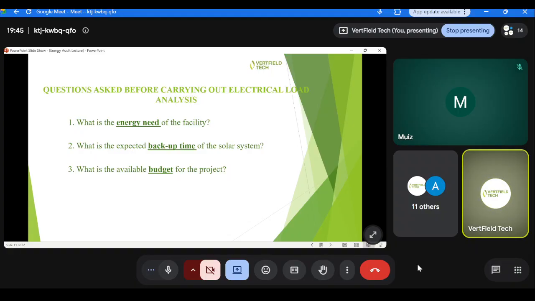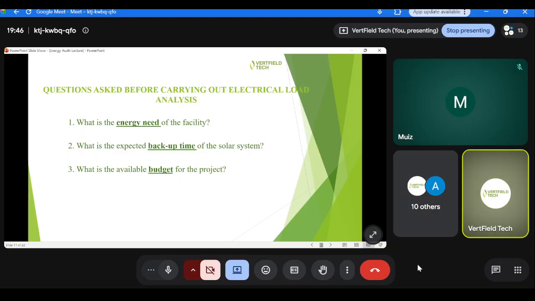Now, we have assessed Mr. Edward to see, okay, he doesn't have that kind of capacity to do that system. So you can ask him, sir, how much is available? Please, what is the budget for this project?